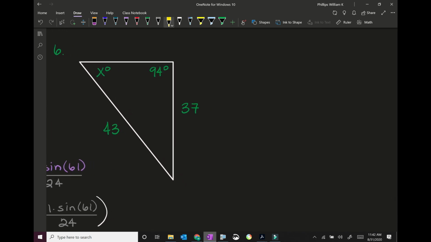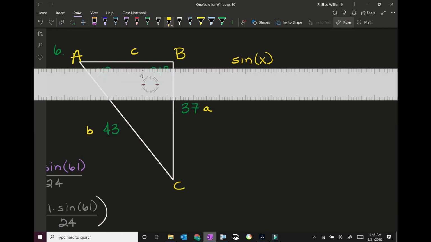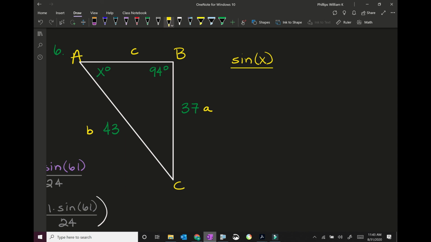Our last example, solving for an angle. So here we don't have to use angle C or leg C at all. So we have sine of x divided by 37 equals sine of B divided by 43.